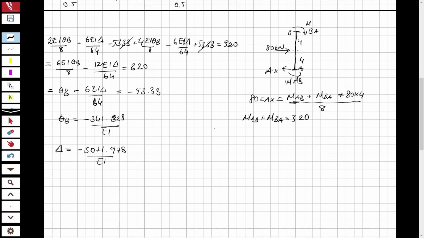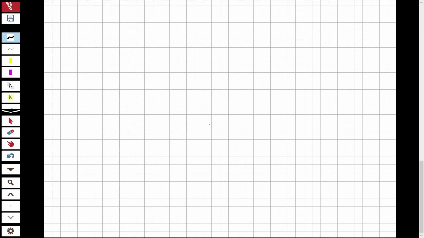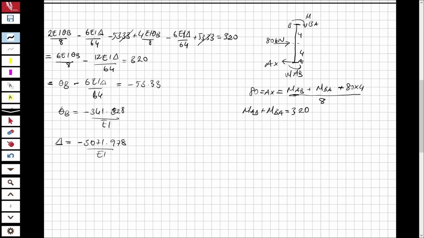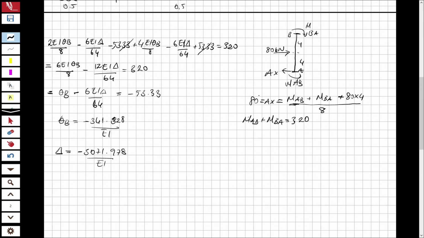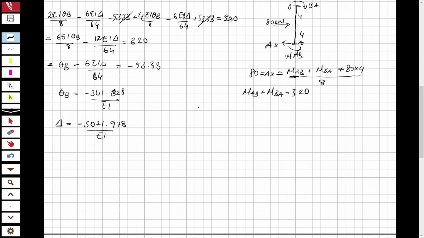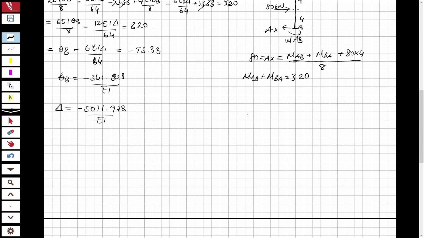So I have the moments, and I'm going to obtain the shears. I actually obtain a shear here, you can see, Ax. And now I'm going to find it for the second member. The second member is something like that.